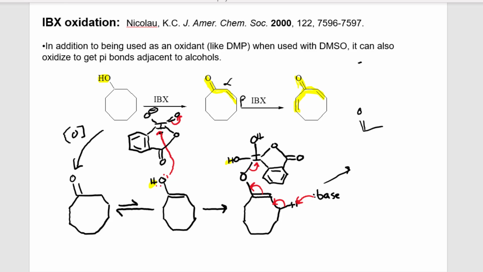This is our first alpha beta unsaturated system. And then you can repeat this whole process to get the double bond on the other side.